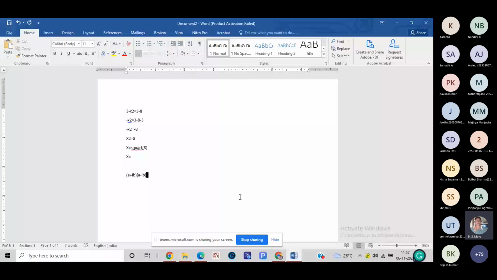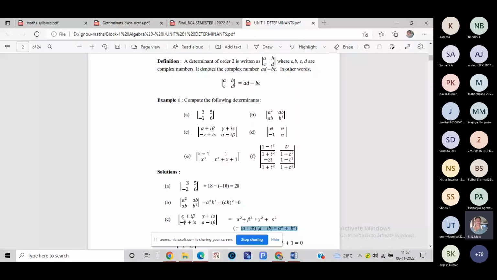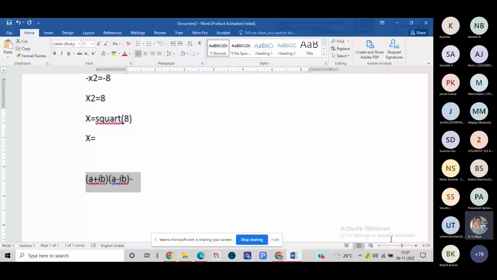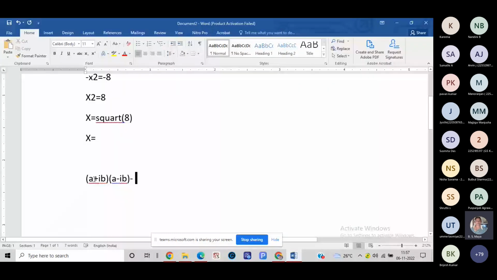Assume this symbol. When I take this one, alpha plus I beta, how to start the multiplication? Alpha plus I beta into alpha minus I beta. If you have any doubt, you can put one more bracket.